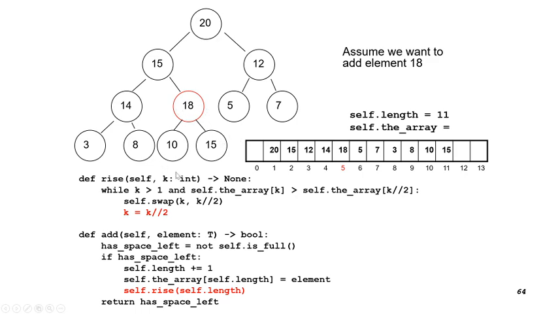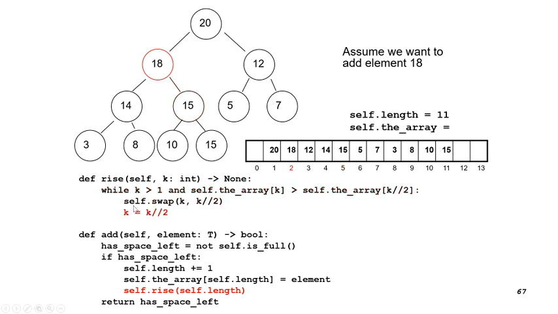Then we update k, what we're currently looking at, to this node here. So now we look at 18 again. It's greater than 1, this position here, which is 5, and then we're going to compare it with 2, which is this element here, 15. And again, because 18 is greater than 15, it's going to perform the swap.